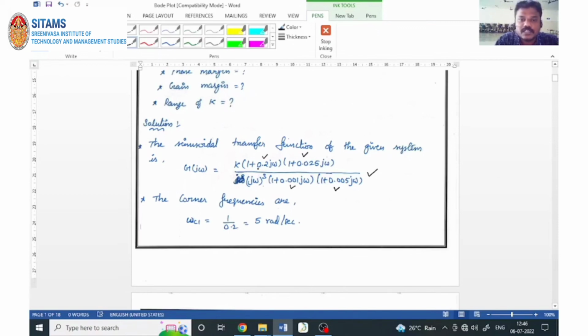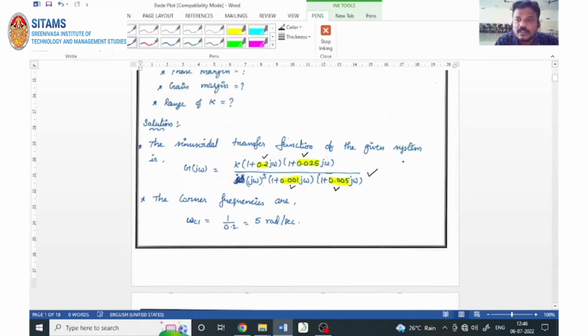The time constants are 0.2, then 0.025, then 0.001, and then 0.005. If you sort these time constants in descending order, I first write the highest value.